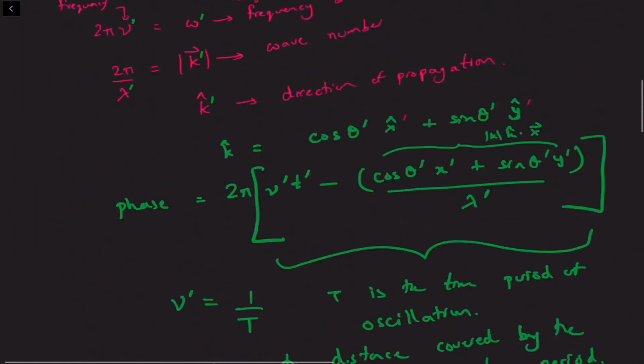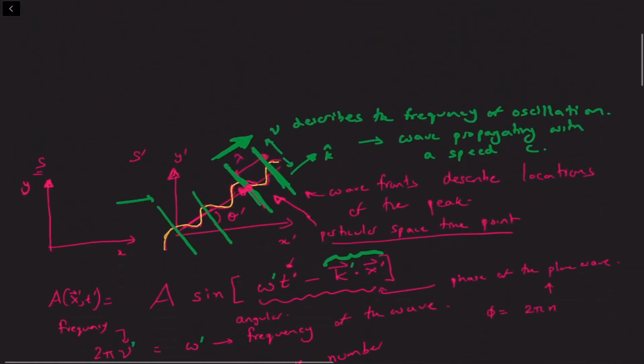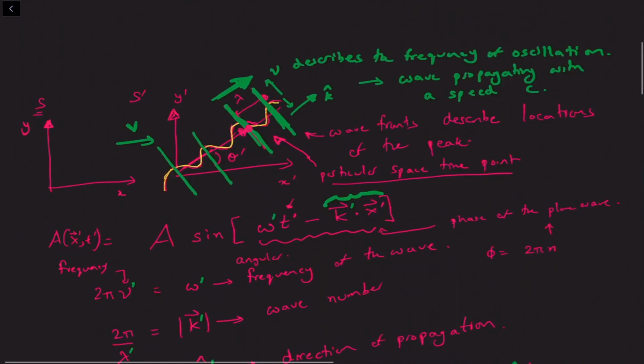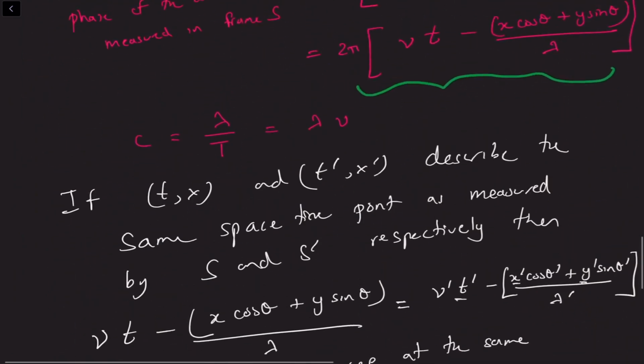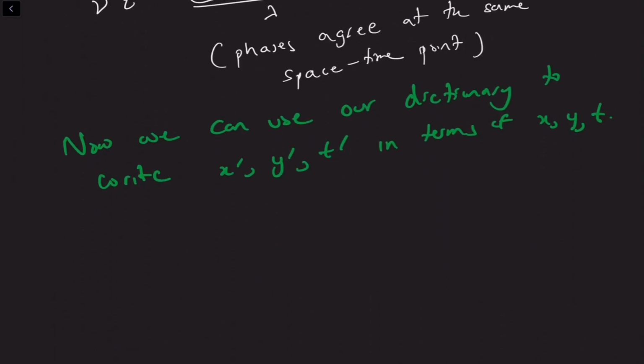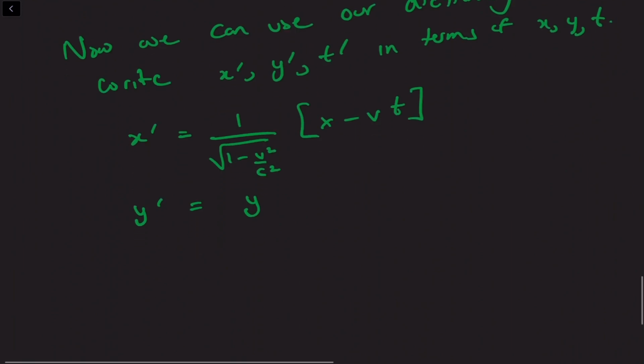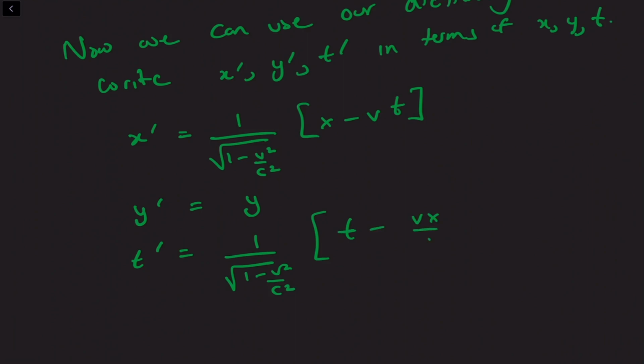So if the frame S prime is moving with respect to S at a speed v, what we then have is the dictionary tells us that x prime is equal to 1 over the square root of 1 minus v squared by c squared into x minus vt. Y prime is y, and t prime is 1 over the square root of 1 minus v squared by c squared times t minus vx over c squared.